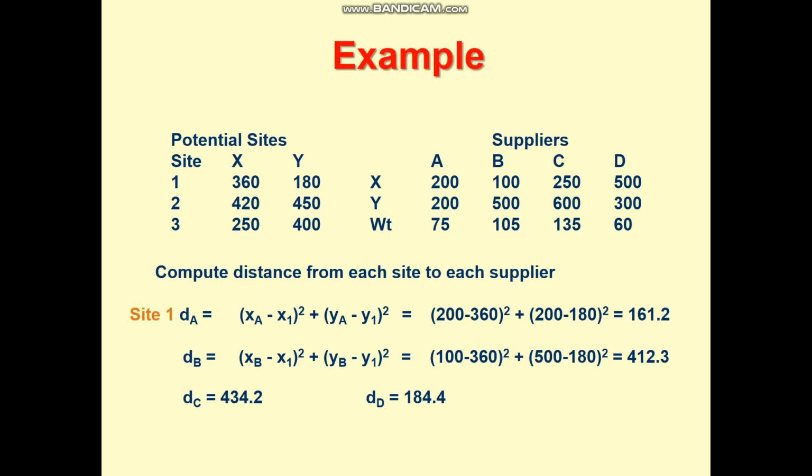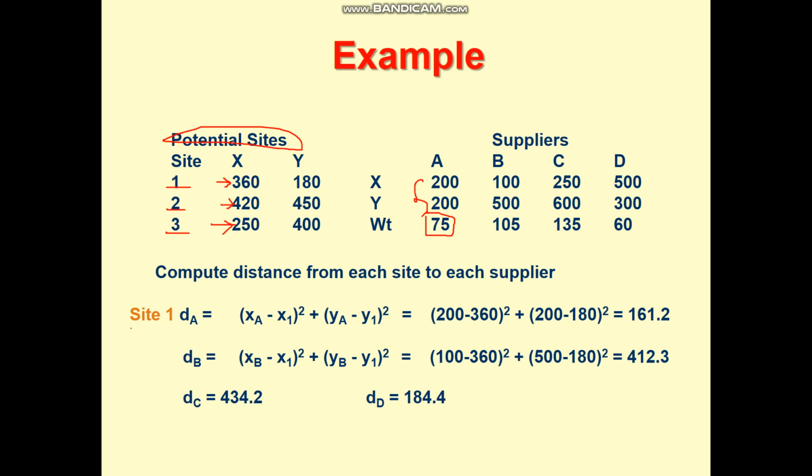Now let's see this example. We have three potential sites: site 1, 2, and 3. And here are the respective coordinates of each site. And we have four suppliers, A, B, C, and D. We also have the coordinates of each supplier, and WT is the weight at each supplier.